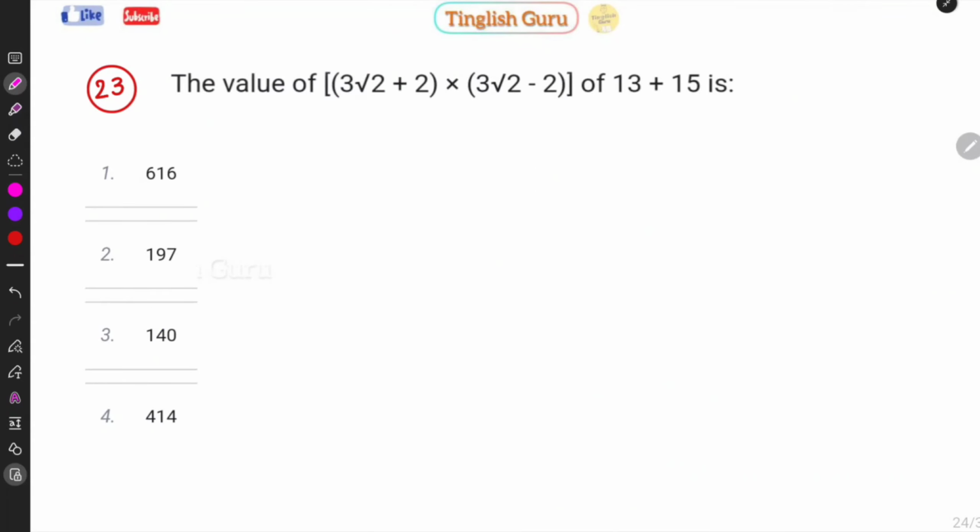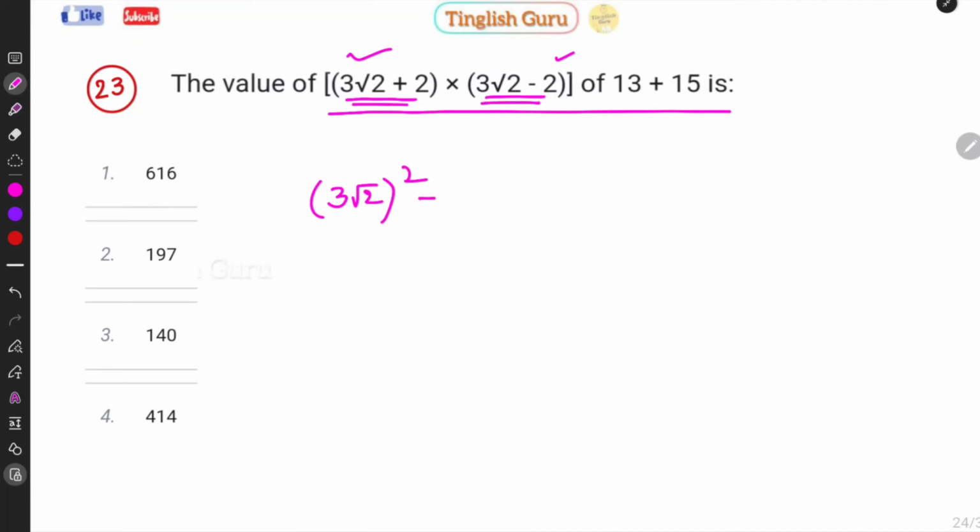Next. This is also a simplification model bit. Just as we discussed earlier, we have to use BODMAS to calculate this bit. First solve the value inside the brackets. So here there are square brackets. This is in the form of a plus b and this is in the form of a minus b. So a plus b into a minus b is equal to a square minus b square, right?